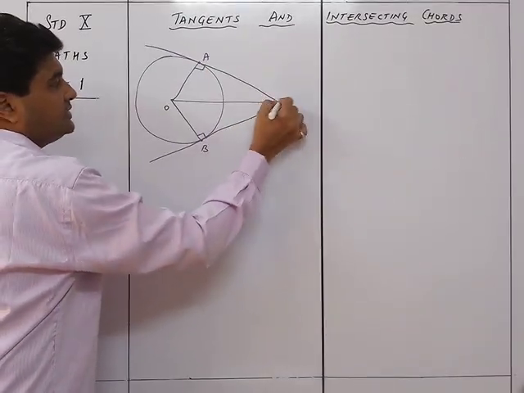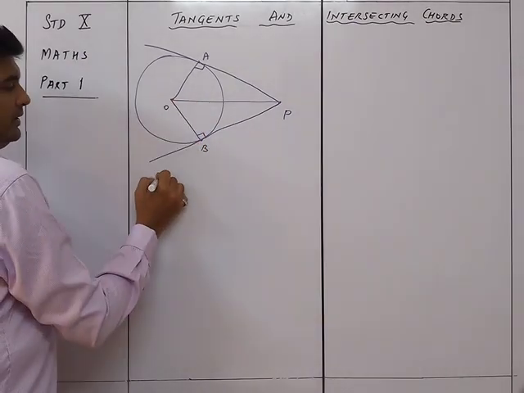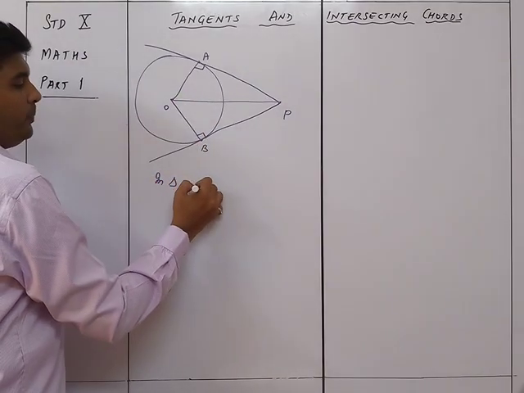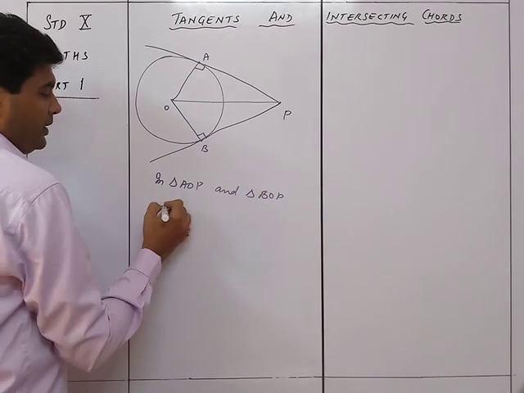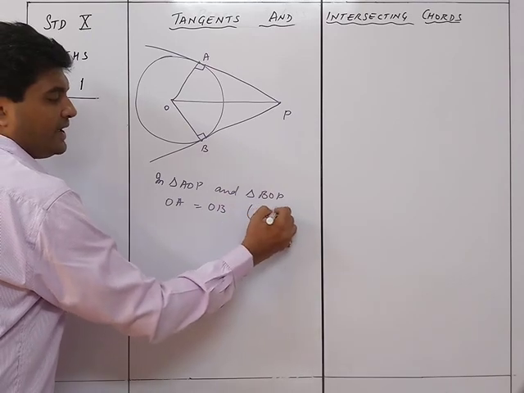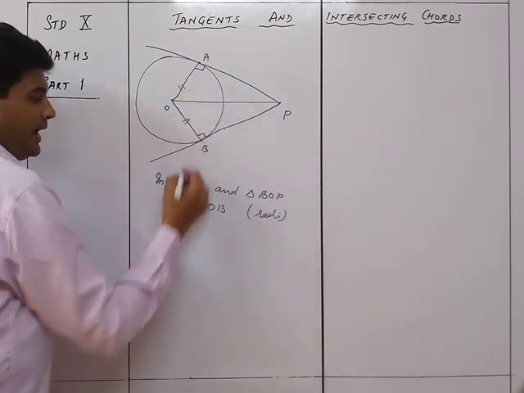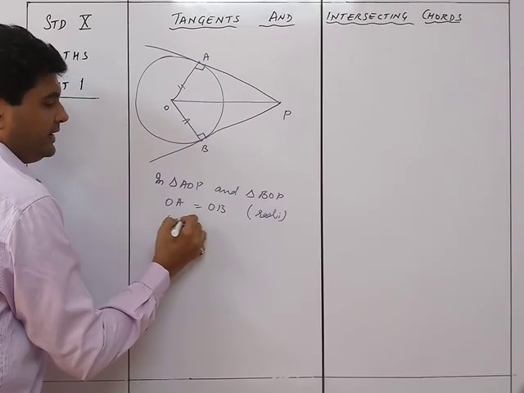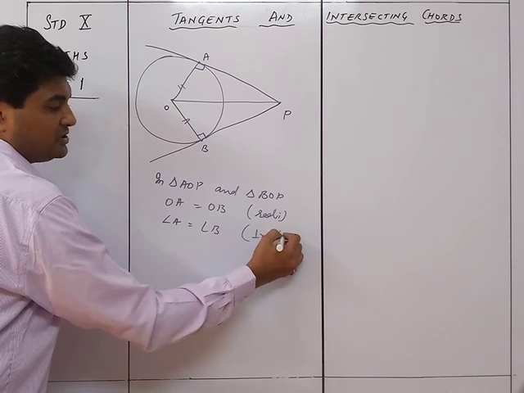And if I join this, then I can see that over here in triangle AOP and triangle BOP, OA is equal to OB because they are the radii of the circle. So these are equal because of the radii. Angle A is equal to angle B because they are perpendicular as tangents.